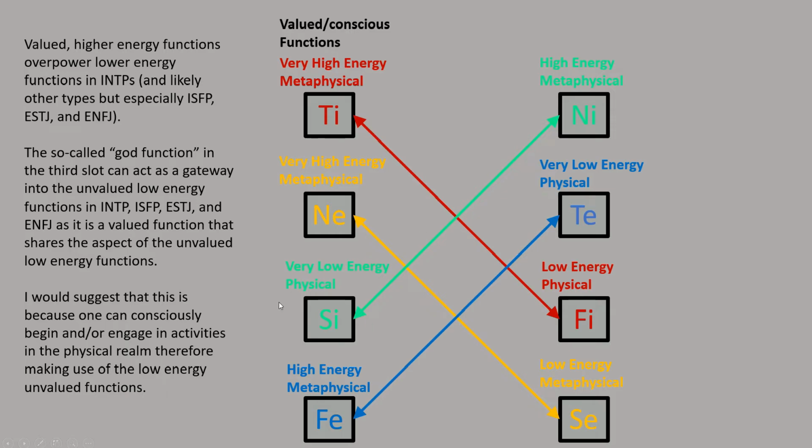Whereas in this theory I have here, I would suggest that SI would be the God function, this gateway function, because you can use it to begin using your unconscious functions. And it's probably a combination of the two theories.